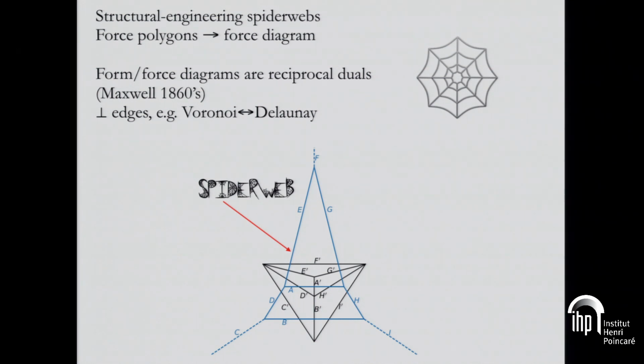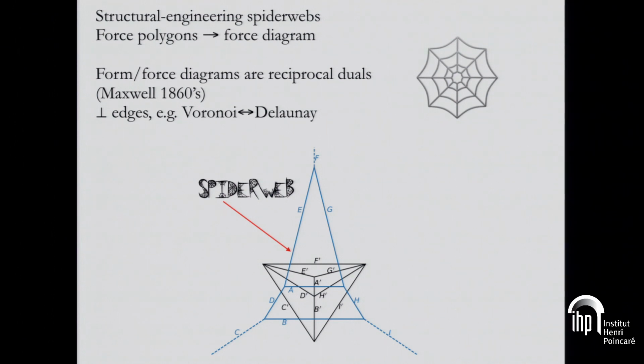And okay, back to what Maxwell did. At each of the nodes of this network, you can make a force polygon, where each side of the polygon tells you the force going in the perpendicular direction. And if everything is in equilibrium, all these force polygons fit together without any gaps anywhere.